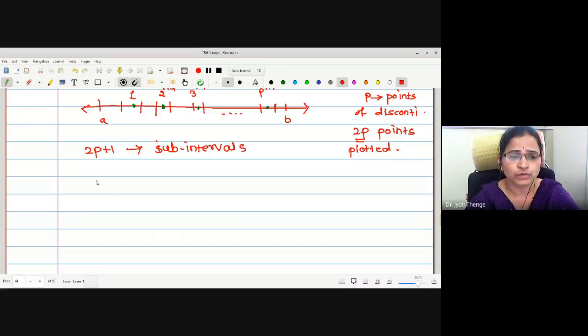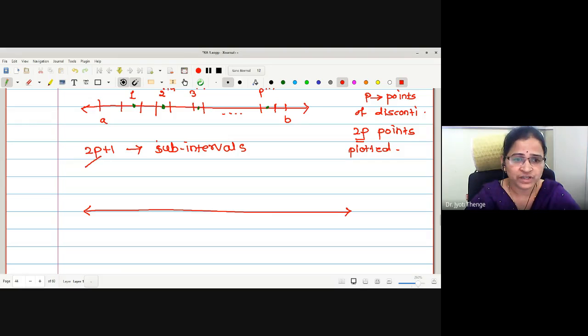Now, out of those 2p plus 1 subintervals, in order to understand the theorem in a neat manner, we will divide the intervals as p intervals and p plus 1 intervals. Whichever p subintervals are covering the p points of discontinuity, for the time being assume that these are the first p intervals. So this is x1, x2 to xp.